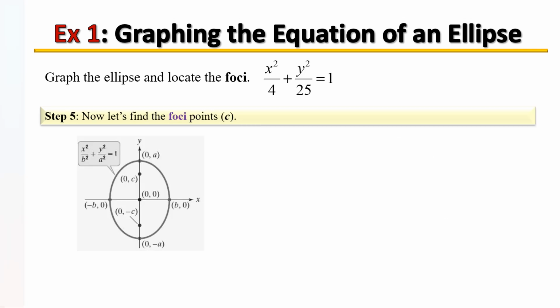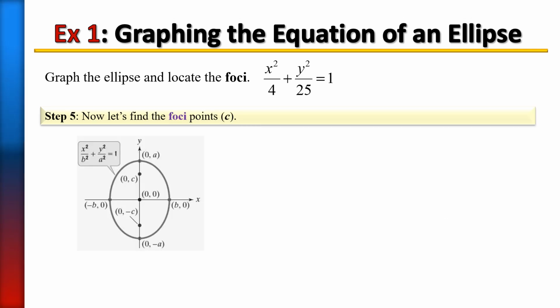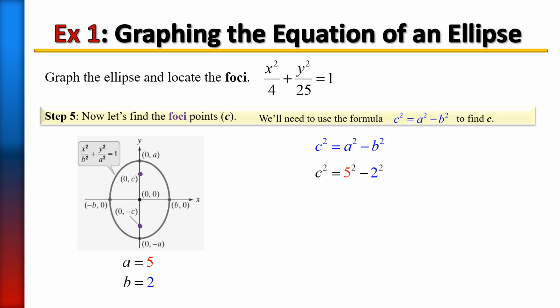Lastly, let's find the foci, which is the value of c. To find that, we'll need to use the formula c squared equals a squared minus b squared. Now, we're also going to use our values of a and b. Recall that a is 5 and b is 2. So let's go ahead and plug in everything we know so that we can find the value of c.